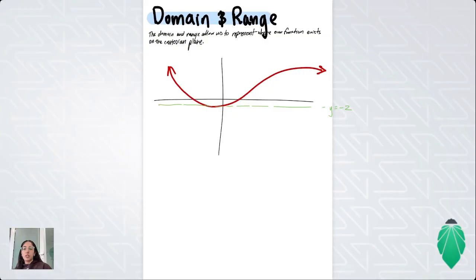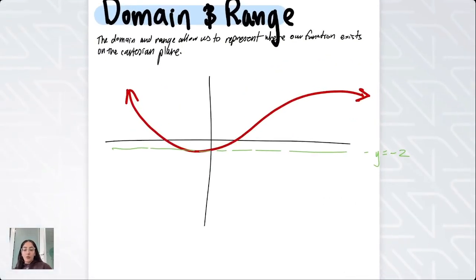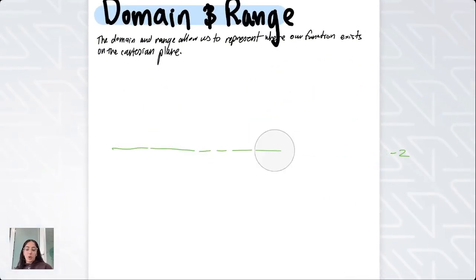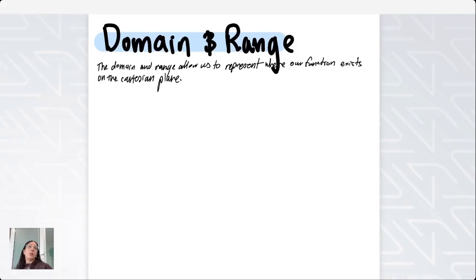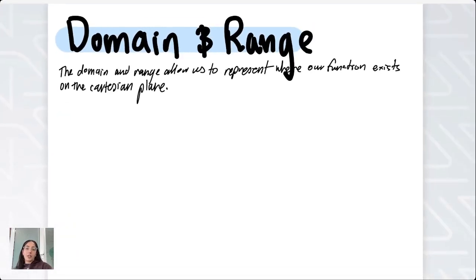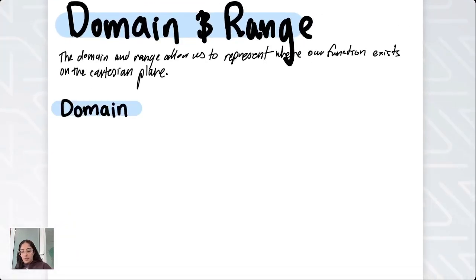Everyone cool with that? So let's then formalize that, because it makes sense what domain and range is now, but we'll formalize it and understand how to actually solve for it. The domain is basically just the places in the x where the function exists. That's it.